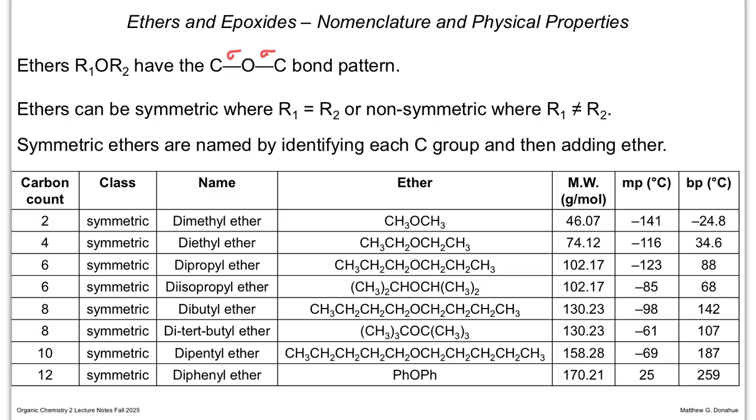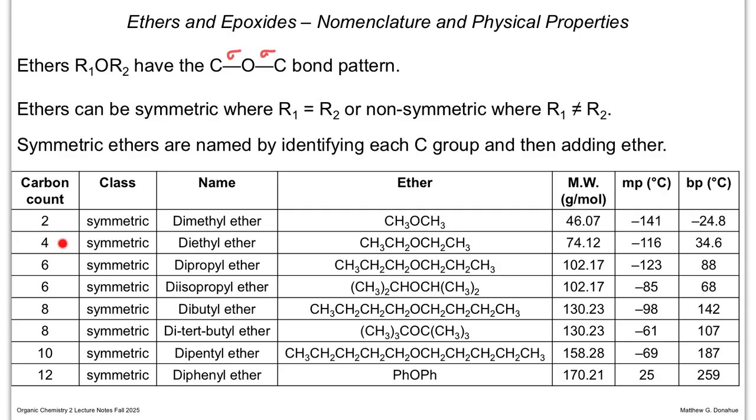So in the table here, we're going to run through the symmetric ethers based on carbon count. So each side of the oxygen, the carbon chain length is going to be the same. If they're both methyl groups, the nomenclature is called dimethyl ether, and that would be the structure, and then you can see the molecular weight, the melting and boiling points.